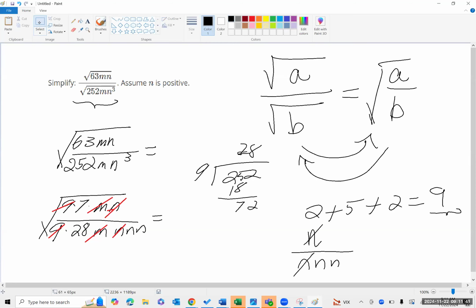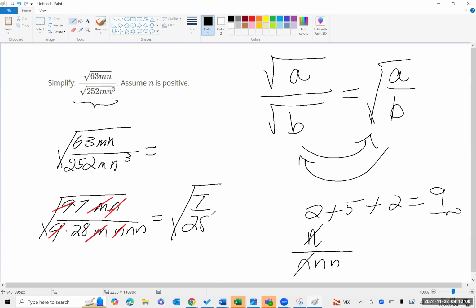So let's see what we're left with at that point. And I can start erasing some of these things just to create more space. So I've got the square root of 7 over 28n squared.